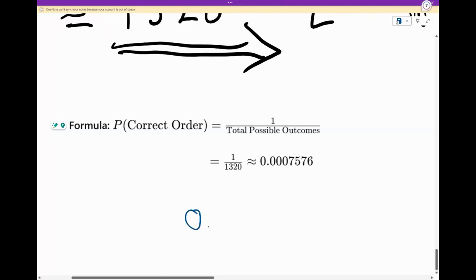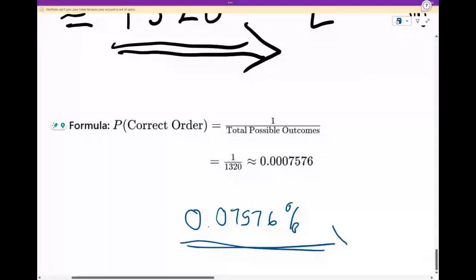Because remember, our probabilities all add up to 1, isn't it? And that's as far as my explanation can go. I don't know how else to explain it past that point. So here, as I was saying, 0.7576% if you wanted to leave it as a percentage.